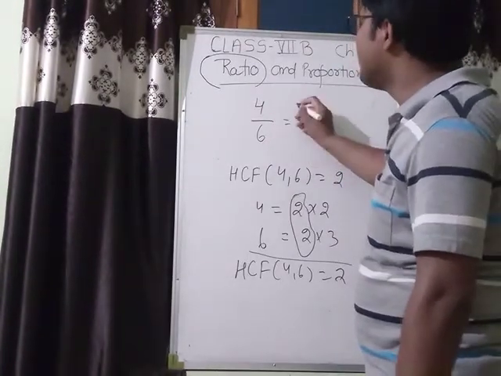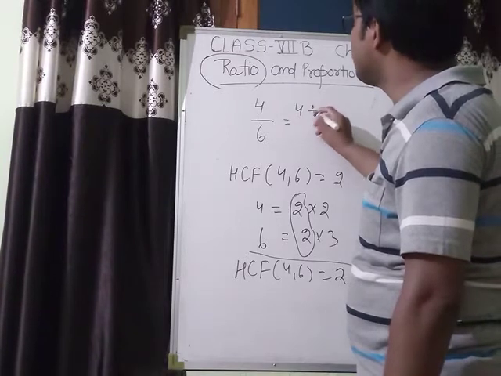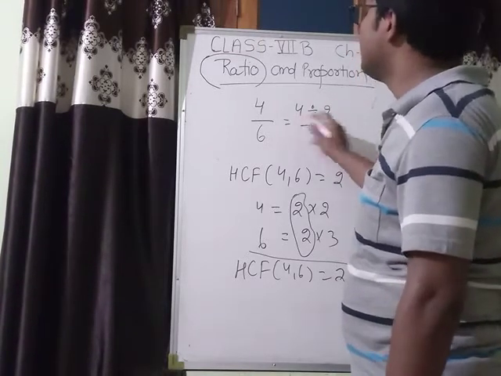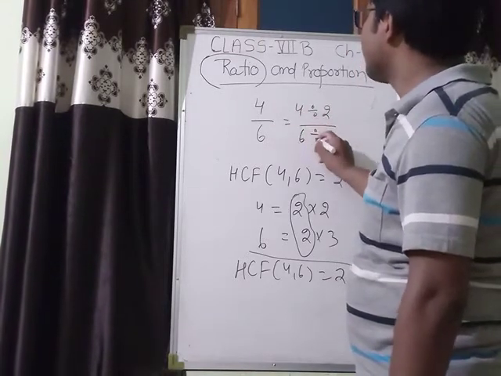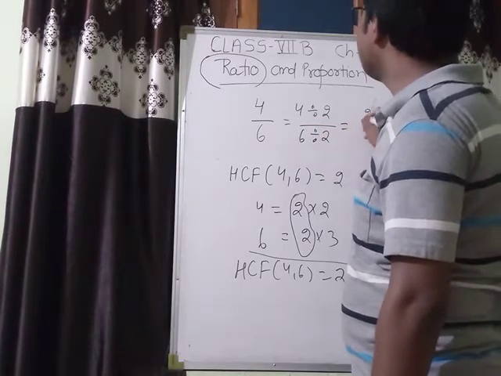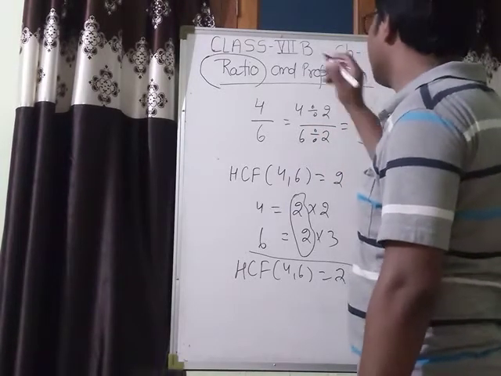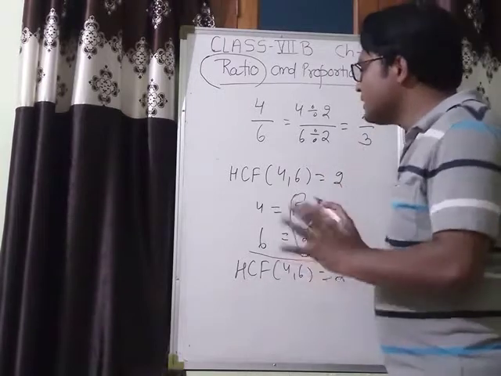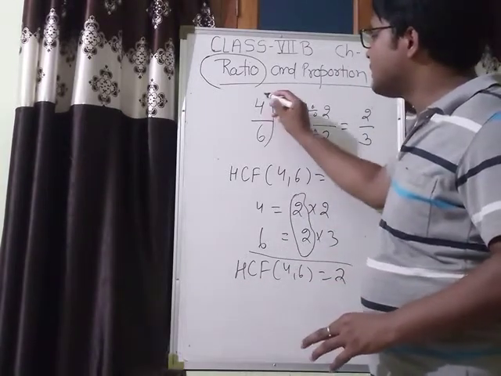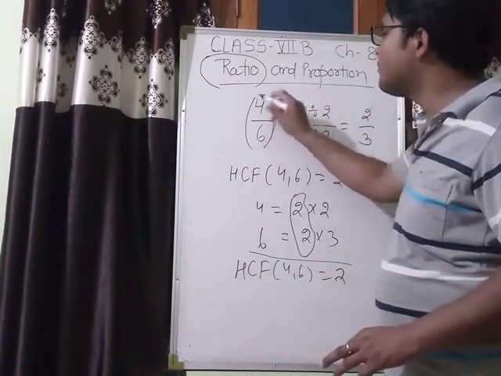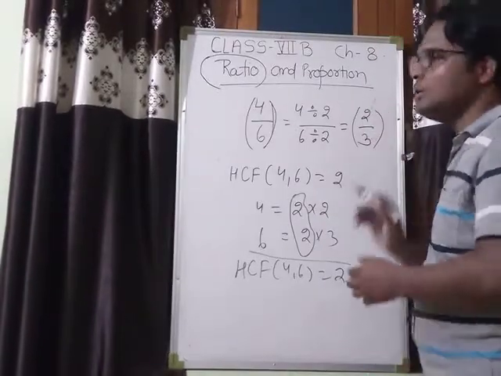So how can we find its simplest form? By dividing numerator and denominator both by the HCF of 4 and 6. Okay, so it will be 2 upon 3. See clearly, the simplest form of 4 upon 6 is 2 upon 3.